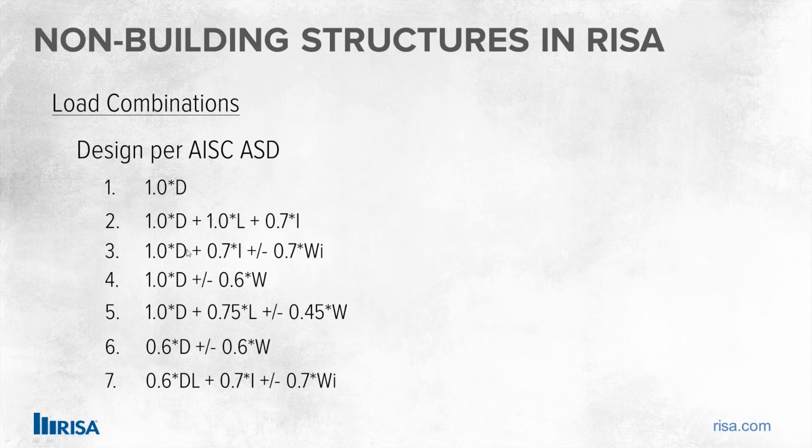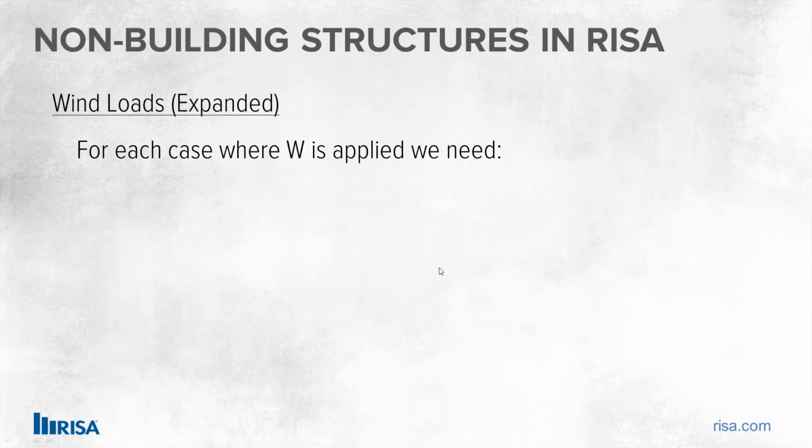There we go. So number 3 is going to be dead plus ice plus wind. Just dead plus wind in this case. Dead, live, and wind. And then these are overturning cases down here. So this is actually 0.6 times dead plus wind. And so this is going to try to check and make sure that this isn't going to become unstable or tip over. So we have to have all of these load combinations right here.